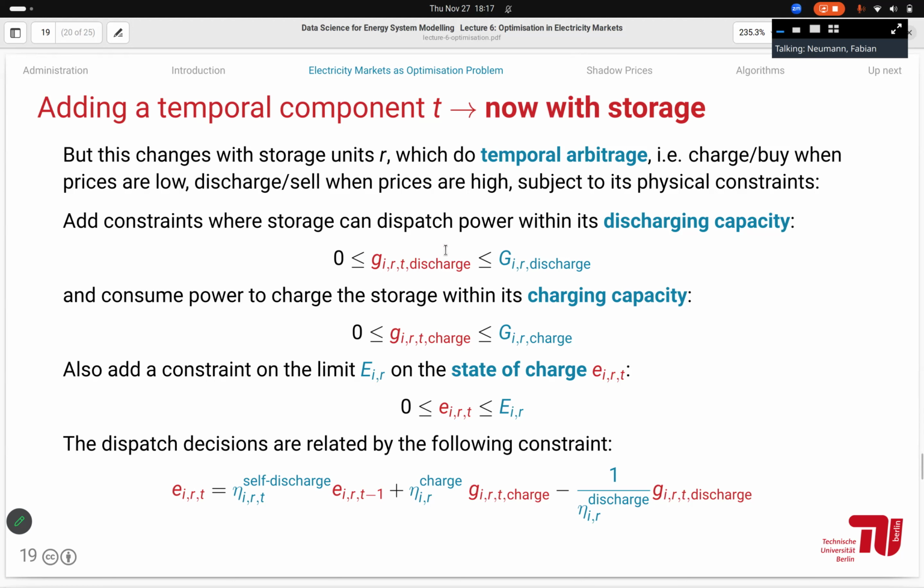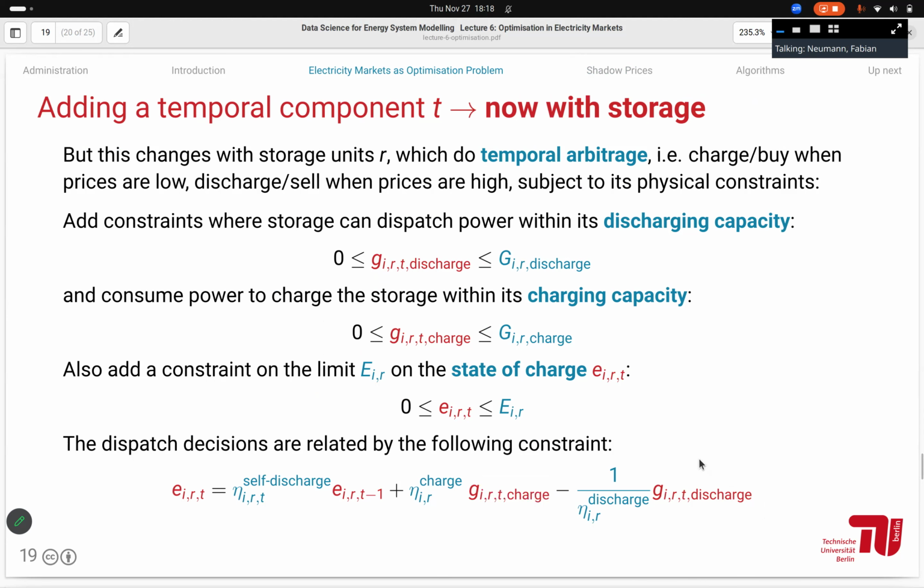The point where we get interconnections between the different time steps is through these storage consistency equations that we discussed last time, where the state of charge of the current period is determined by the state of charge of the previous period, plus its charging minus its discharging, considering all the different efficiencies from charging, discharging, and self-discharge.